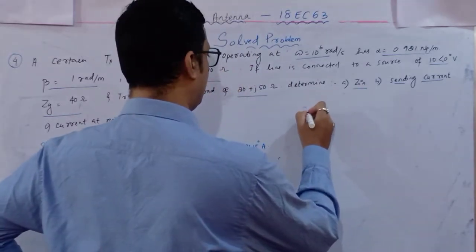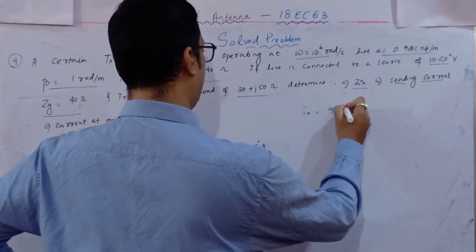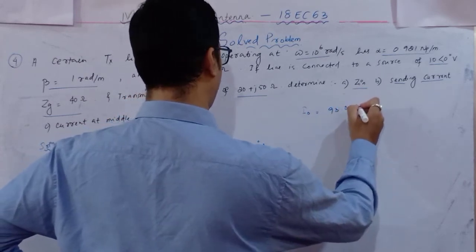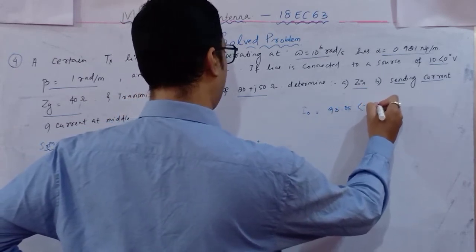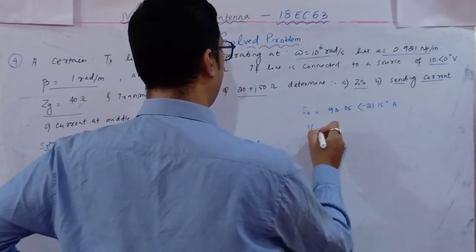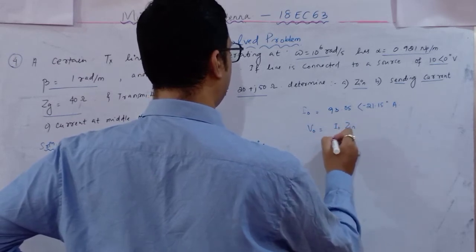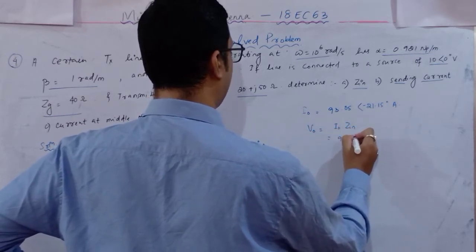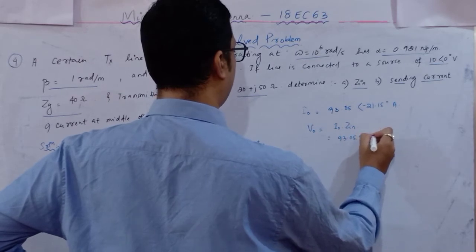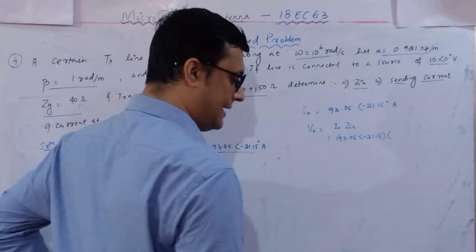First, I0 we have calculated, 93.05 angle -21.5 degree. Similarly, V0 I can identify as I0 into Zin. So it is 93.05 angle -21.5 into Zin.